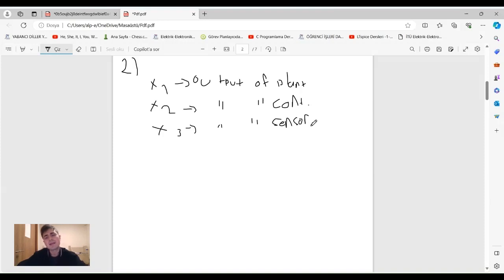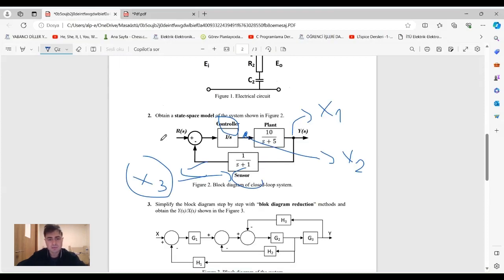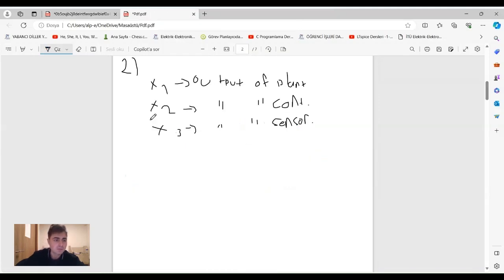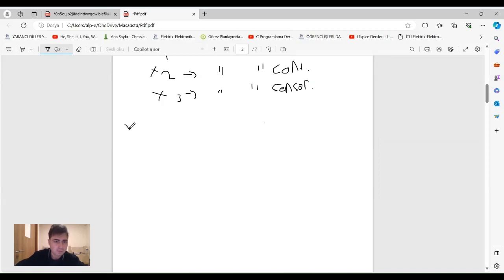Okay, now we can write the equation like this. The plant is 10 over s plus 5, the controller is 1 over s, and the sensor is 1 over s plus 1.